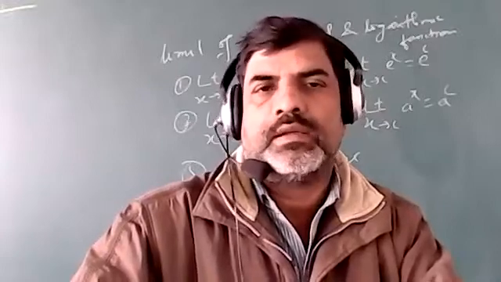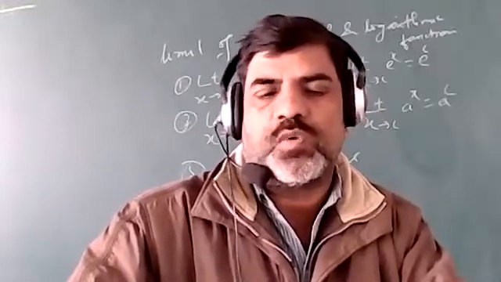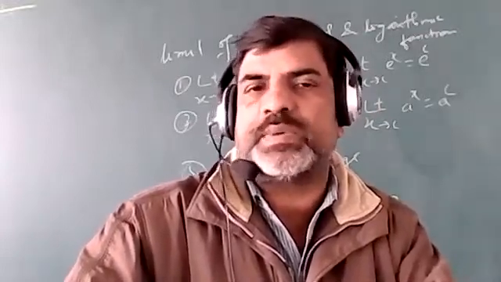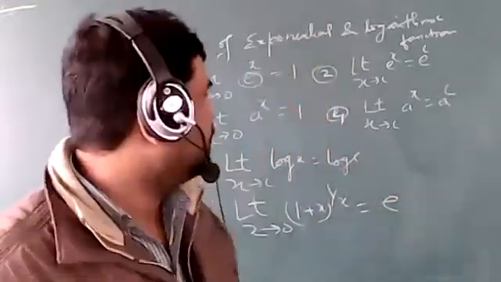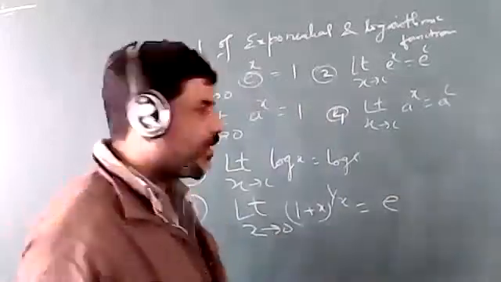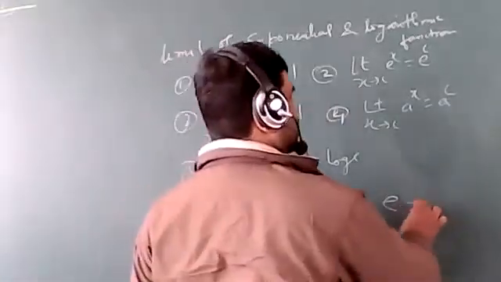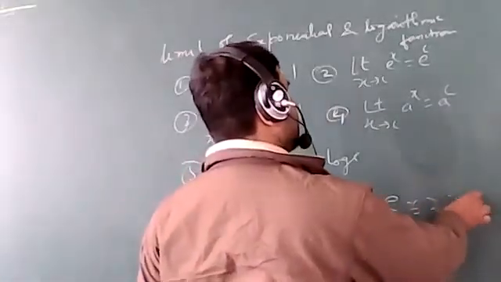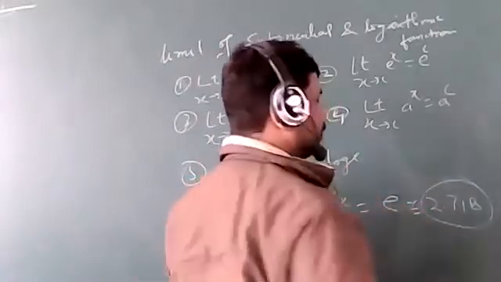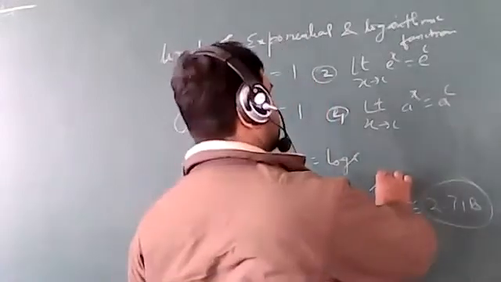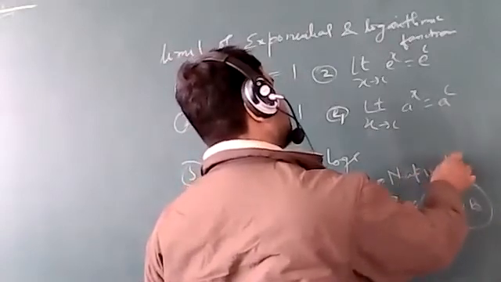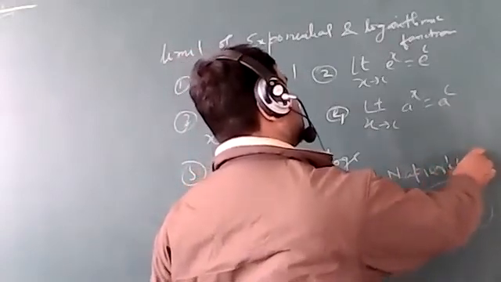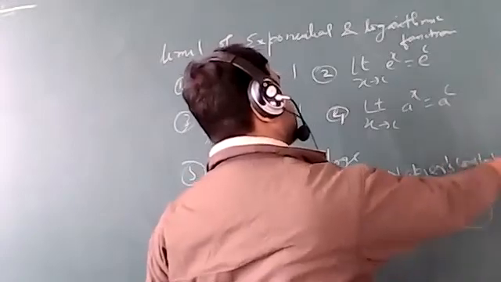That you have to keep in mind. So limit x tending to 0, 1 plus x to the power 1 by x equals e, where e is Napier's constant, approximately 2.718.